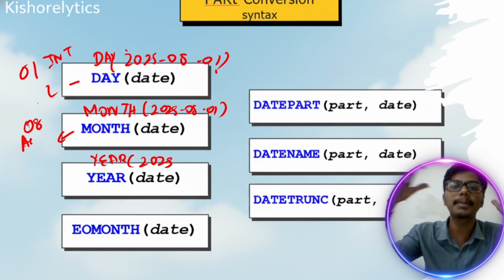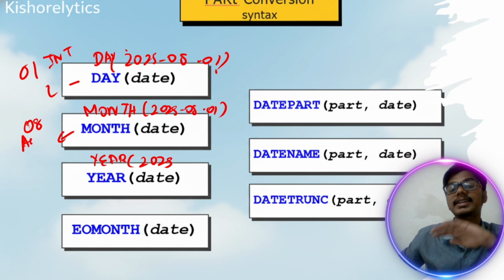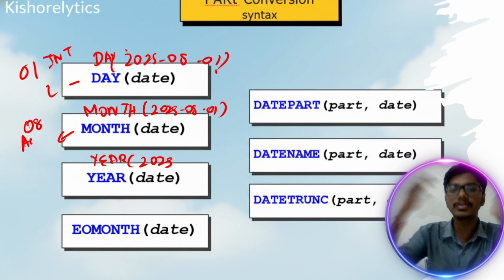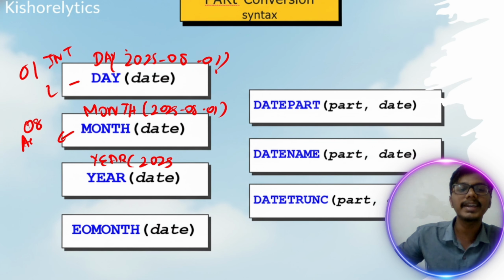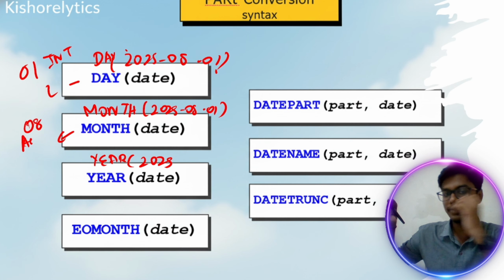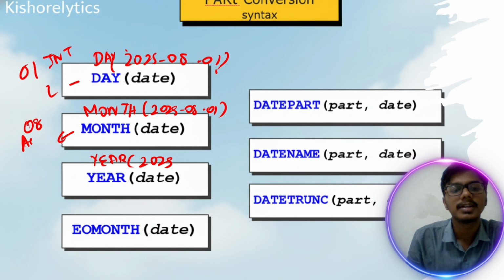So that it stays in your mind. If an interviewer asks which data type the day function gives, say integer. For month, it is also an integer. Don't mix it up with the date or datetime type.